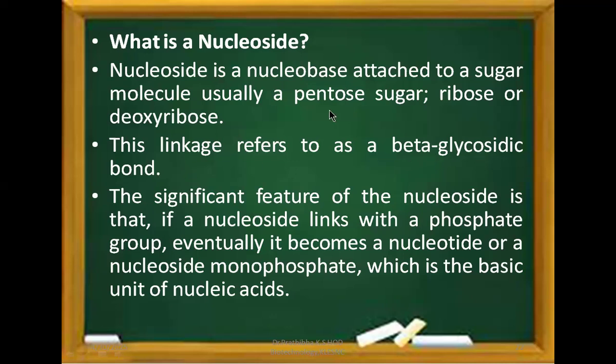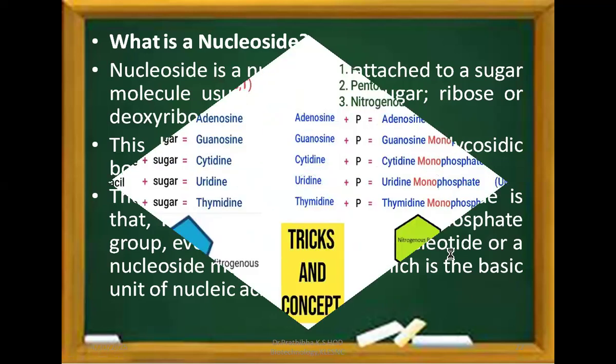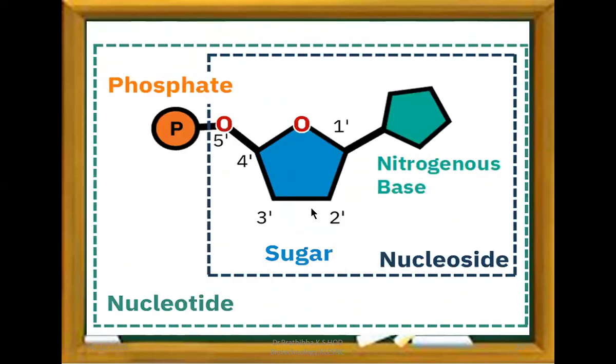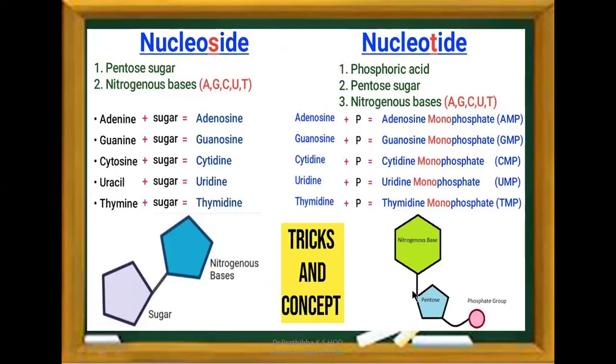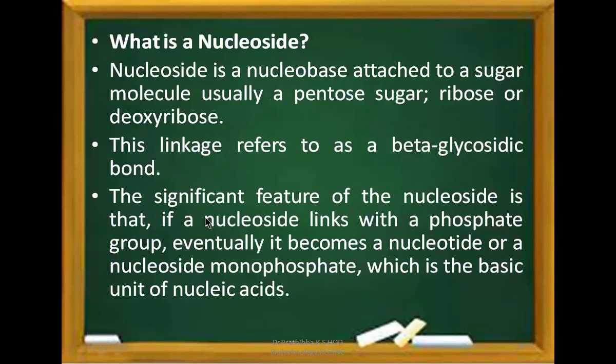The linkage between the pentose sugar and the nitrogenous base is known as the glycosidic bond. The significant feature of the nucleoside is that if a nucleoside links with a phosphate group, it becomes a nucleotide, or a nucleoside monophosphate, which is the basic unit of nucleic acids. This is about nucleoside.